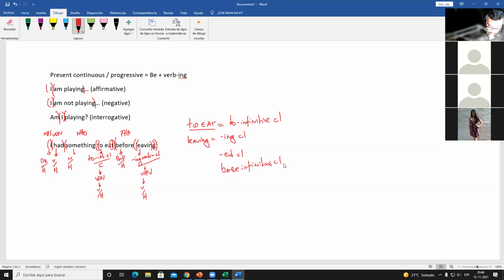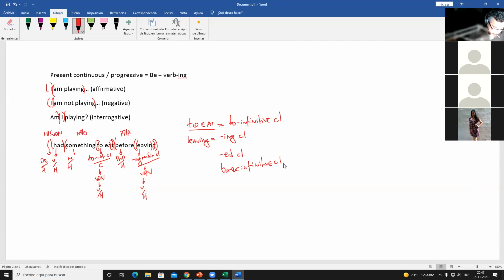Non-finite clauses, no tense. Then the name for those clauses will depend on the form of those verb phrases. For example, to eat will create a to infinitive clause. Living will create an ing clause. Played will create an ed clause, and run will create a bare infinitive clause. Okay.